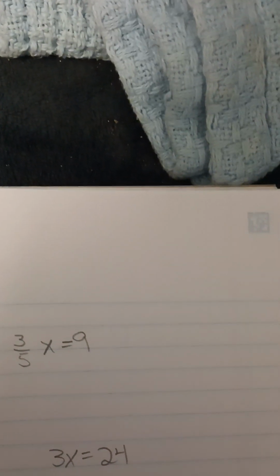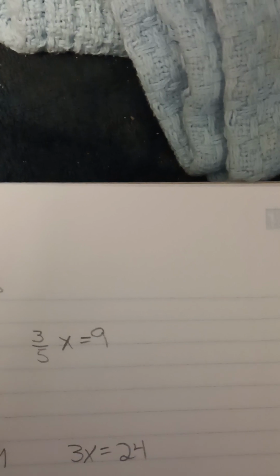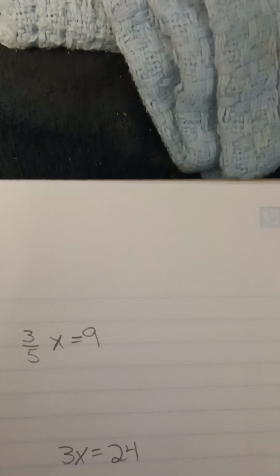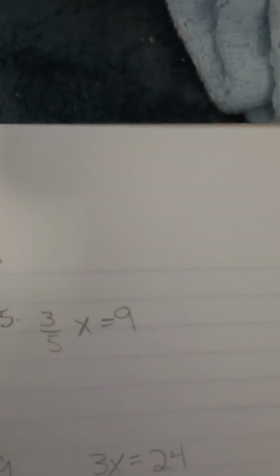What can I do to get rid of 3/5? Well, if I multiply it by 5, then I'm getting rid of the 5 in the denominator. So I could put 5 here. And then if I divide by 3, then I am getting rid of that 3 in the numerator.